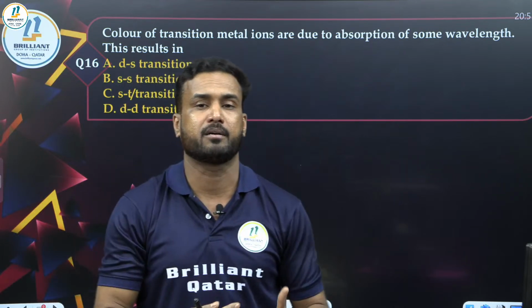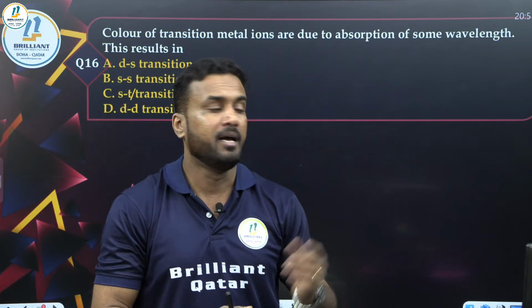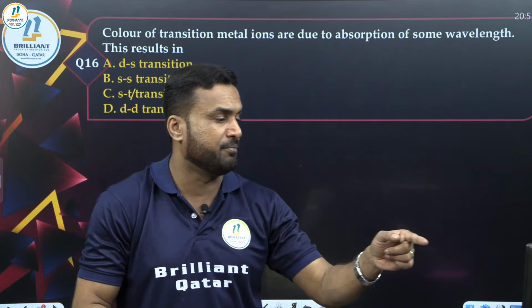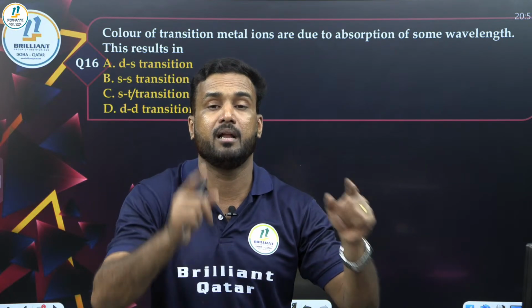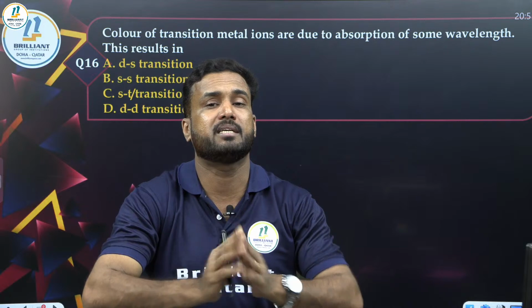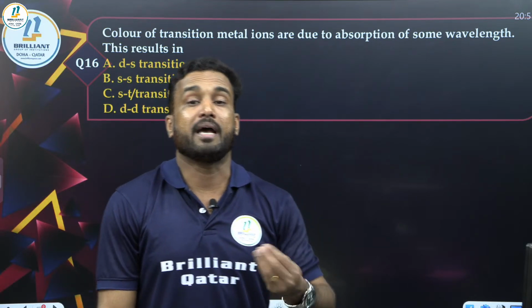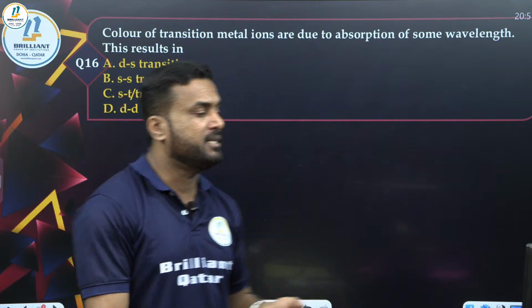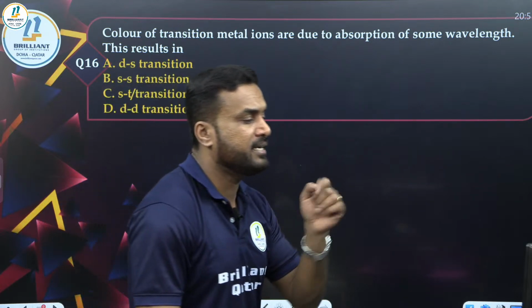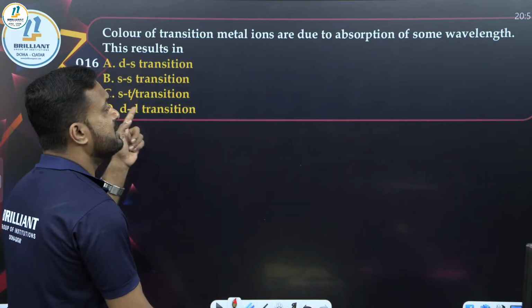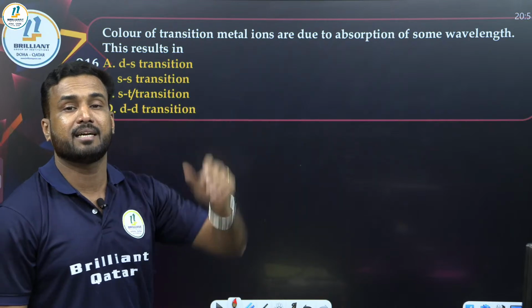And while coming back, the excited electron comes back, absorbed energy will be emitted in the form of electromagnetic radiation, means light. So a complementary color will be emitted, dear students. Correct answer is dd transition. t2g to eg, that transition is called.